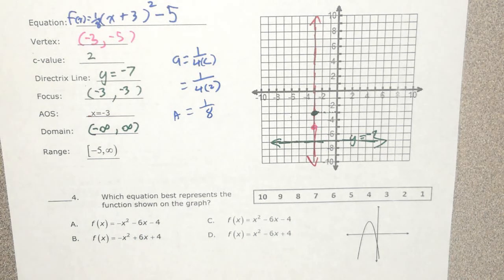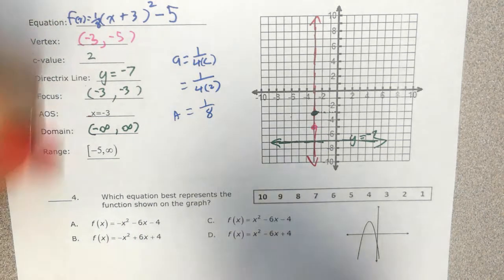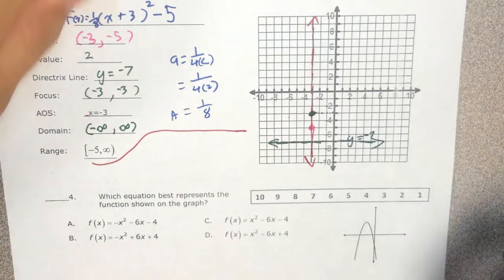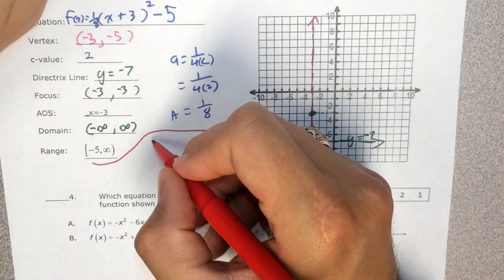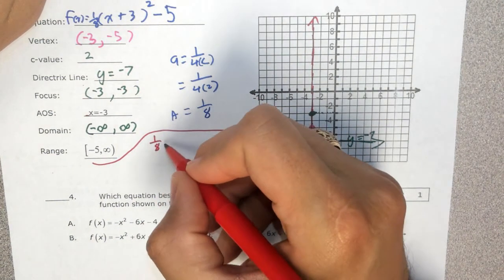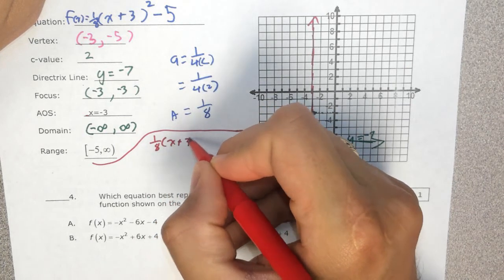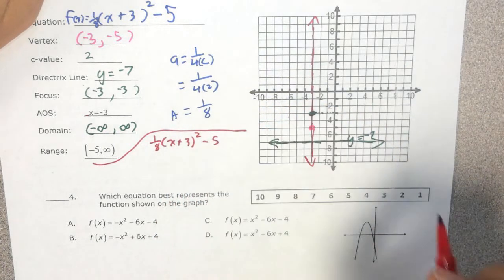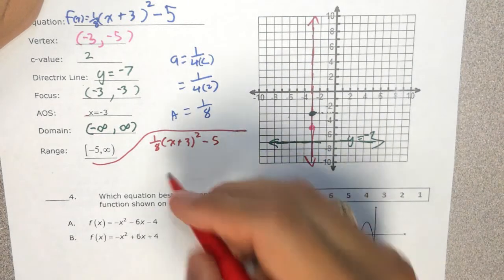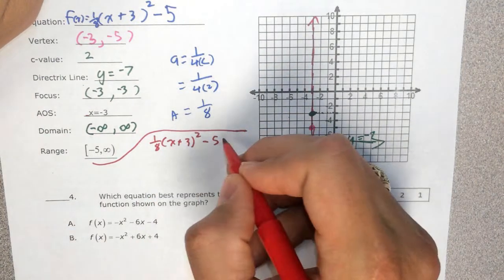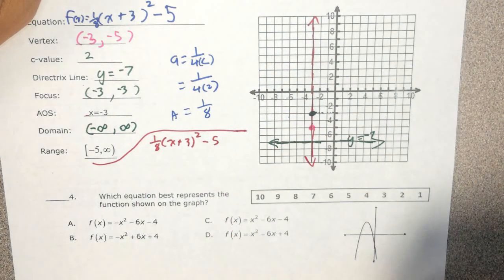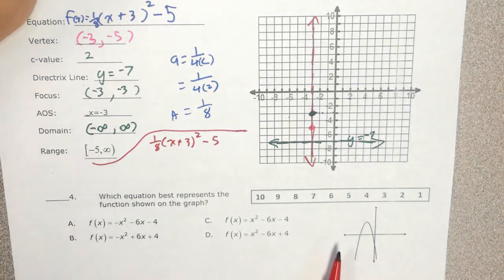To do that, we have to multiply it. I'm going to rewrite it: 1/8 (x plus 3) squared minus 5. First thing I have to do is multiply those parentheses.